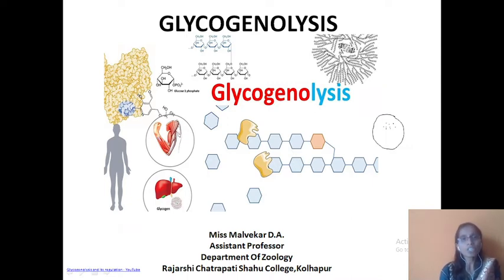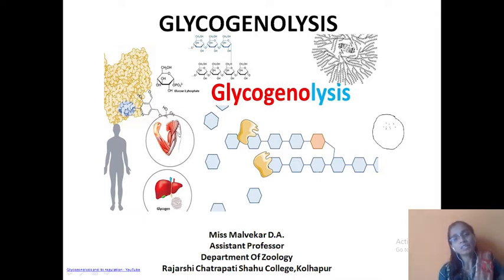So glycogen is the best storage form of a polysaccharide in the animal cell. Especially it is stored in the liver and the muscle. It is used whenever there is a fasting condition or whenever you are performing exercise.